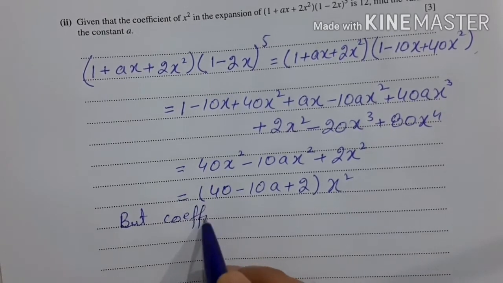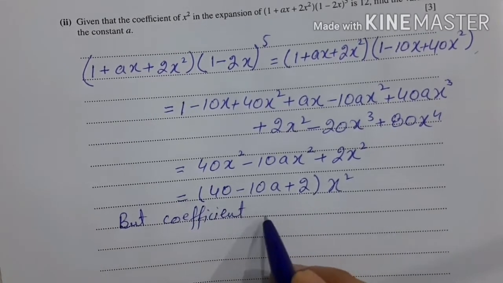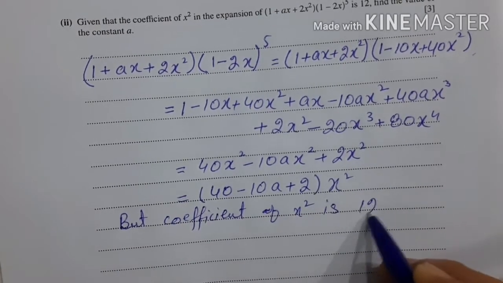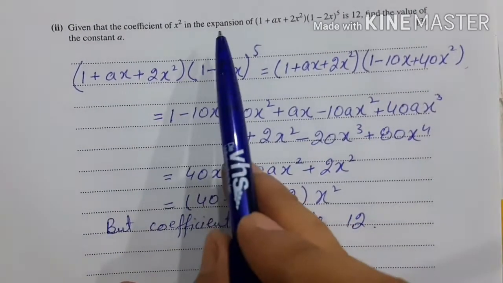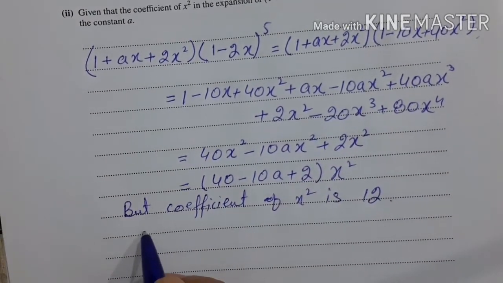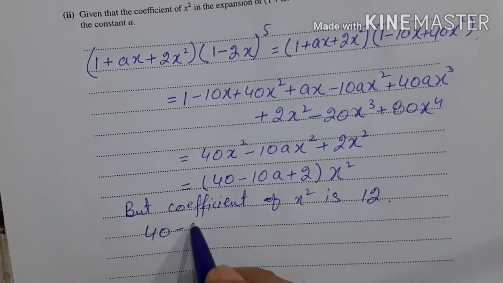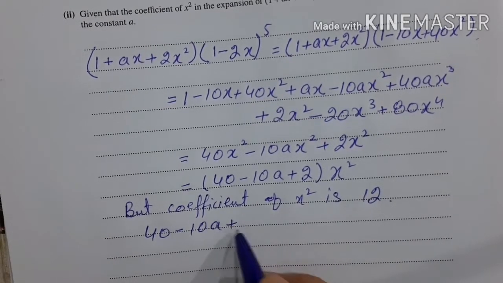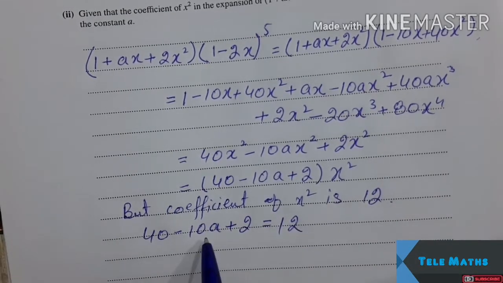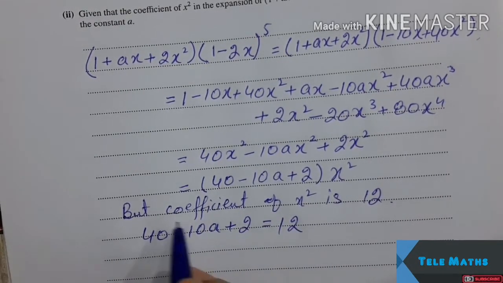But the coefficient of x square is 12. It is given in the question that the coefficient of x square is 12. So it means 40 minus 10a plus 2 is equal to 12. So take 10a on the right and 12 on the left.